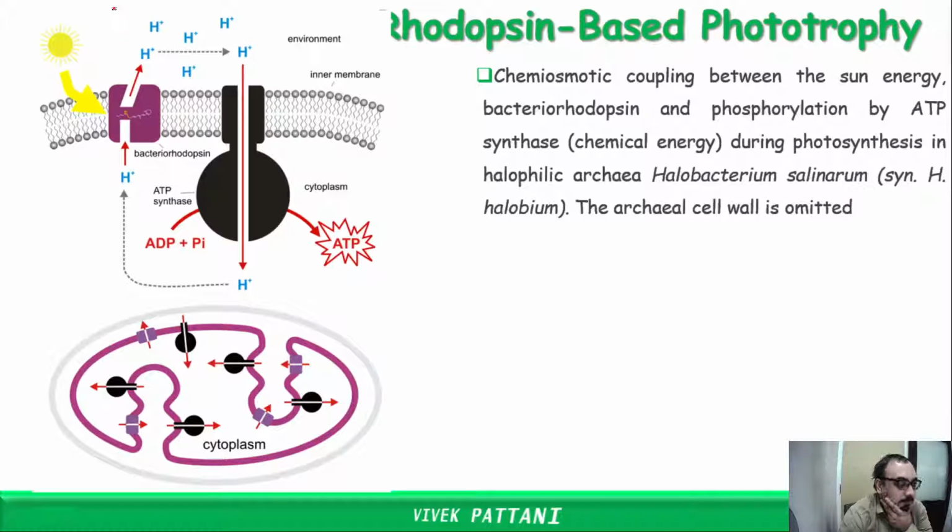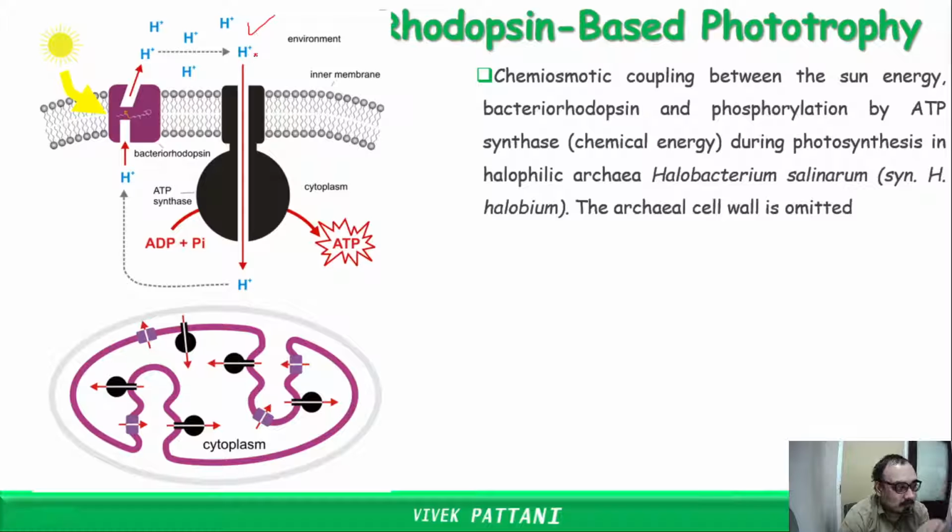So this is the proposed theory of rhodopsin based phototrophy, where rhodopsin absorbs light and creates a proton gradient, which leads to the formation of a proton motive force.